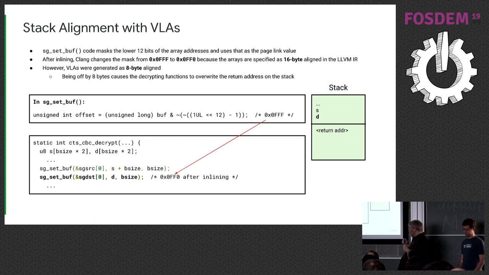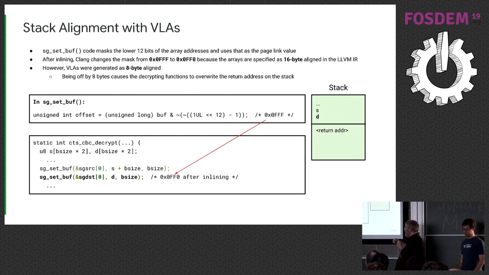So when it's not inlined, Clang is looking at that and it doesn't really try to calculate the value or anything like that. So it just leaves the 0FFF alone. However, when you do inline it, you get the bottom 4 bits turned into zeros.